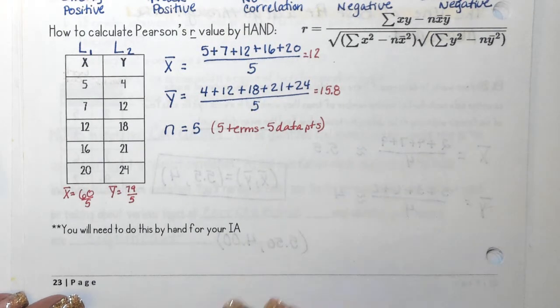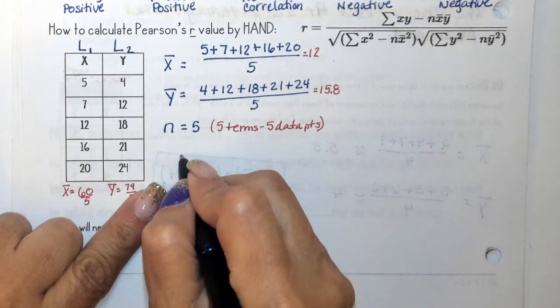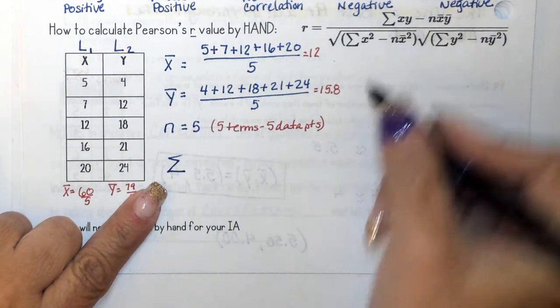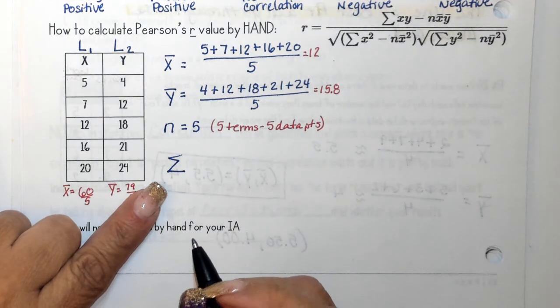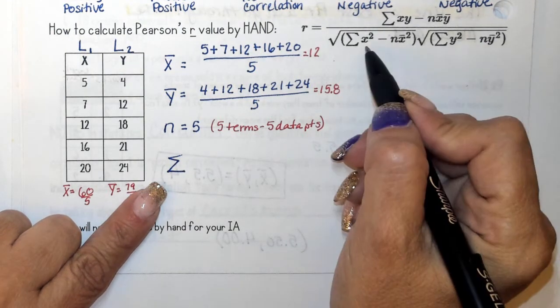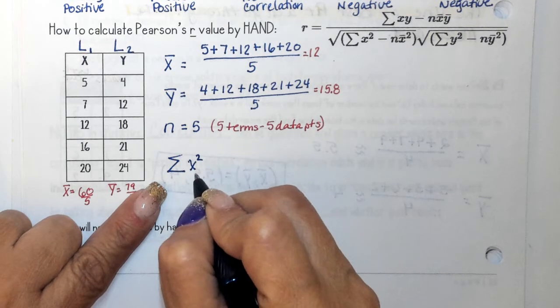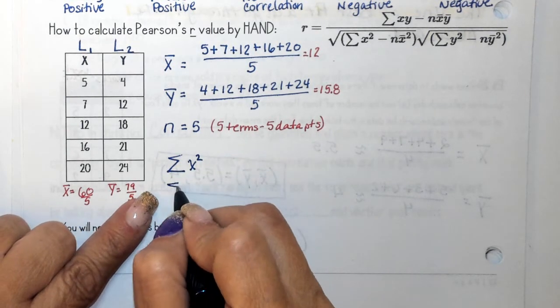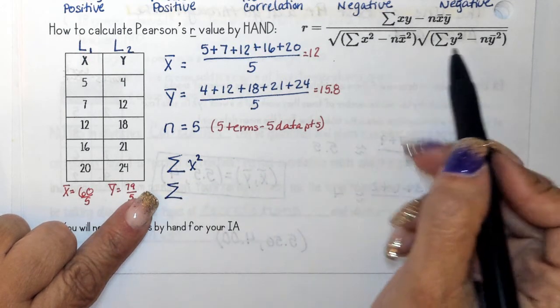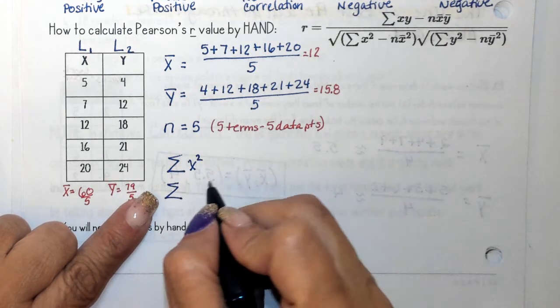Let's set up a table. No, you know what? Let's just do this. Let's do the sum up here of all the x squareds, and then the sum of all the y squareds.